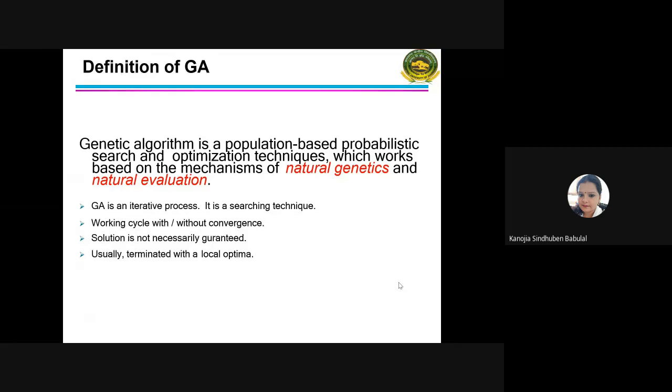We have a diagram in the next slide, and we can see the whole thing that we are stating. But one thing is there: solutions are not necessarily guaranteed. If I say I'll get an optimum solution which is 100% correct, this is not possible. So solutions are not guaranteed and are usually terminated with local optima. Local optima and global optima are the two terms. In the next slide, I'll come to these terms in more detail.